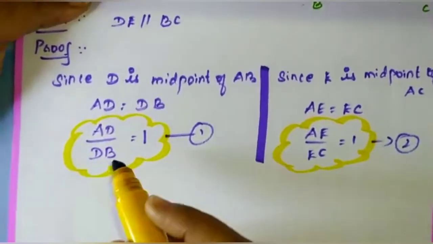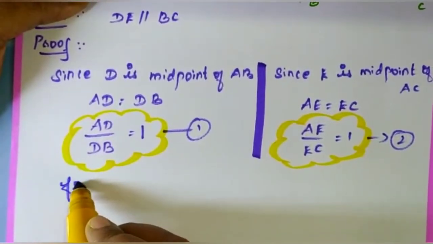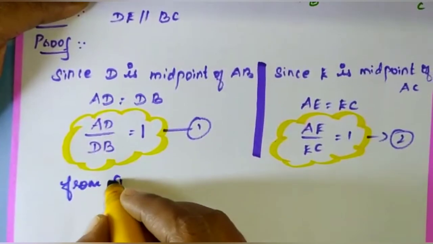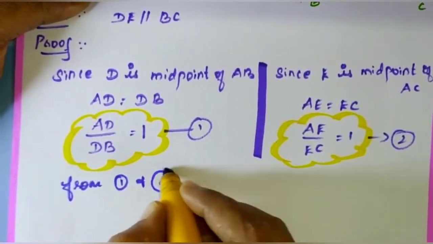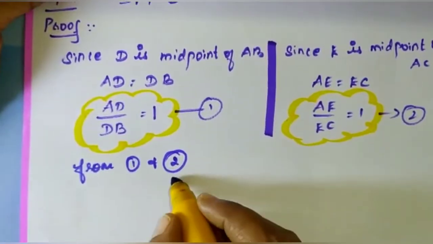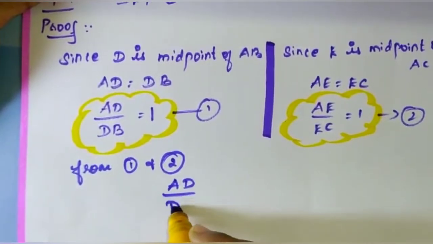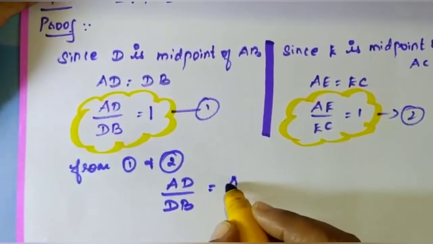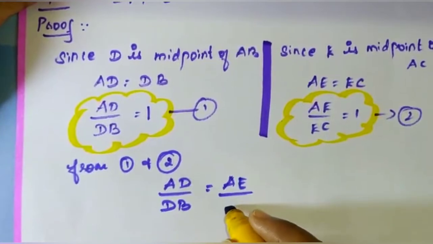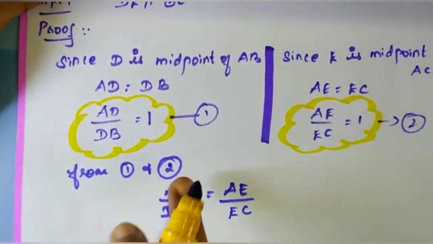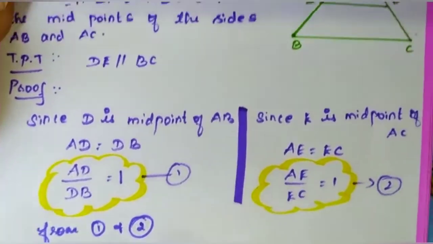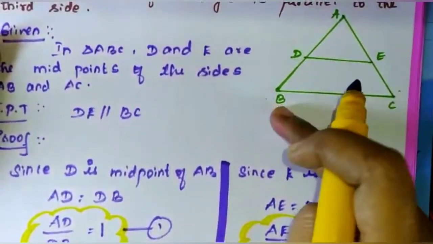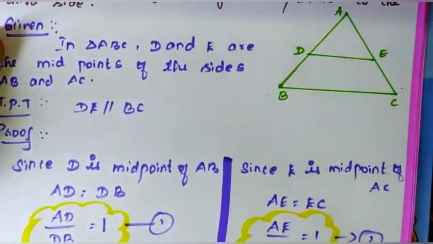From 1 and 2, I can tell that AD divided by DB is equal to AE divided by EC. The sides are in the same proportion, that is AD divided by DB and AE divided by EC.